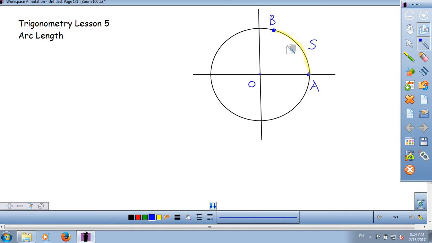Okay, so how do you determine the size of the arc? There are several ways we can do this, but it usually involves the central angle that intersects the arc.